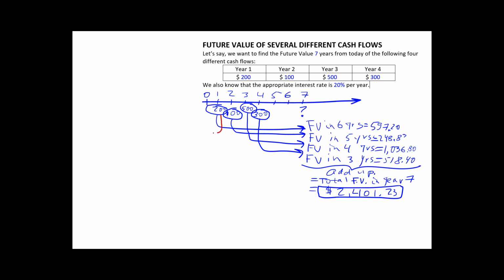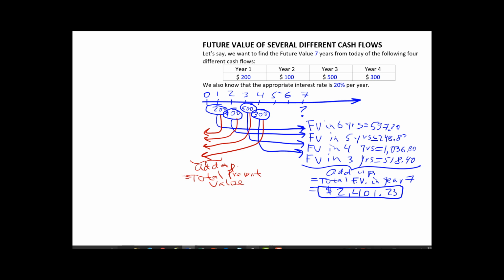You could find the present value of the first one, the present value of the second cash flow, the present value of the third cash flow, the present value of the fourth one. Then add them up. So that would be the total present value. How can we do this in the calculator? Let's bring it up.